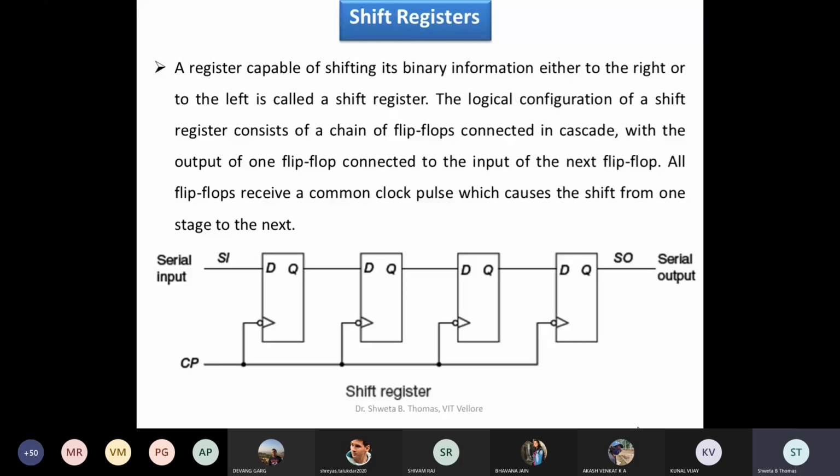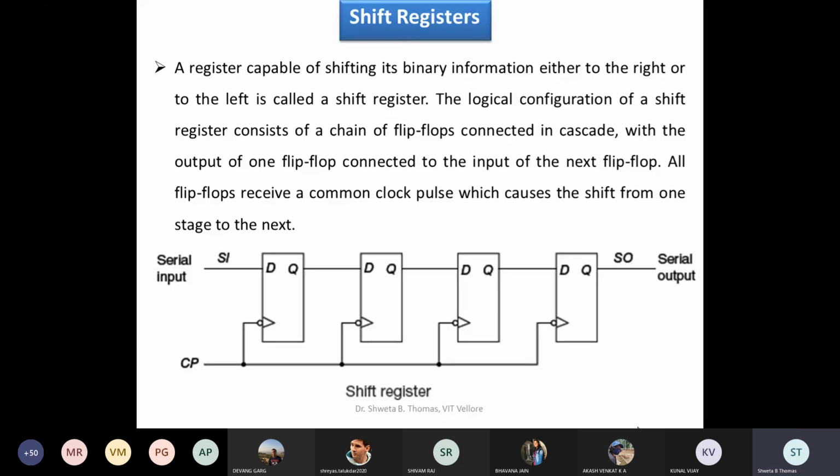That means if you want to store a 4-bit output, the clock pulse is given in parallel, and since it works on the negative edge of the clock pulse, in the first clock one input bit is given.